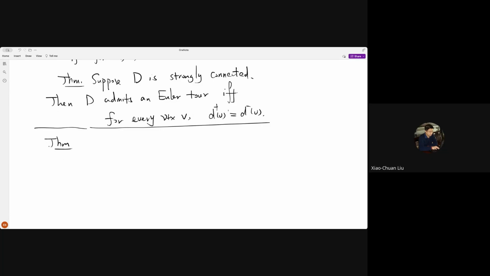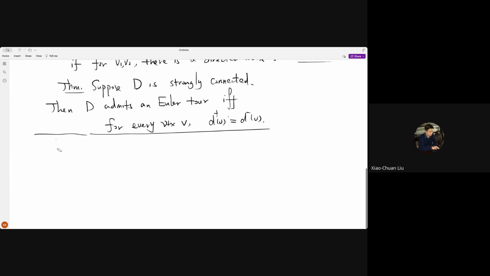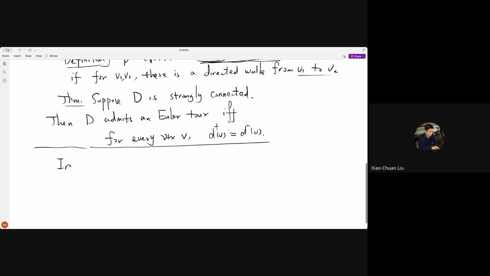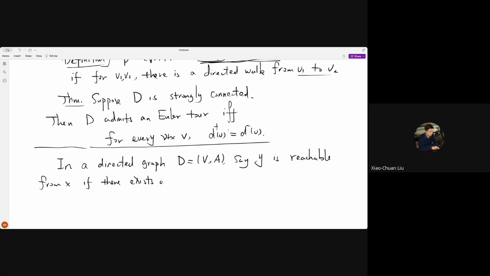So we give another definition. We say in a directed graph D = (V, A), we say Y is reachable from X if there exists a directed walk from X to Y. Okay.